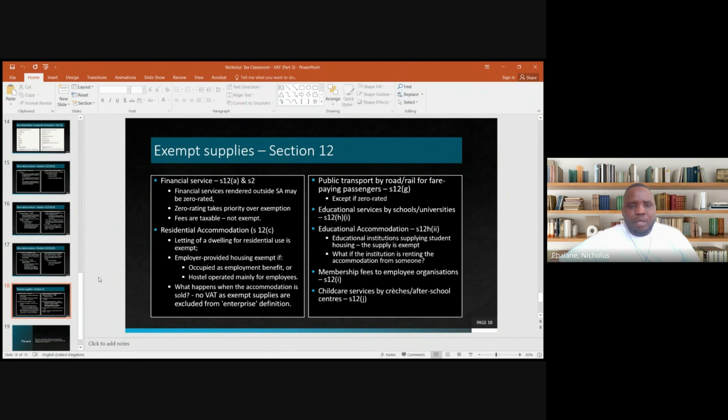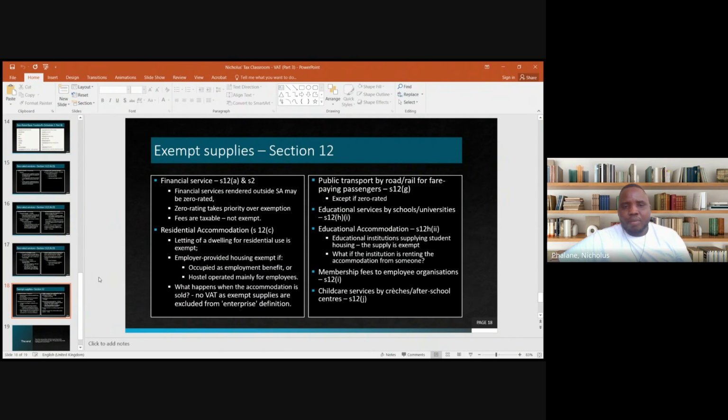Obviously, if I'm the supplier, I would always want them to be zero rated, because financial services are exempt, but if they are rendered outside SA, then they can be zero rated. So you need to choose between exempting and zero rating. I would want to zero rate rather than exempt, because the moment you say this is an exempt supply, you won't be able to claim any input tax.